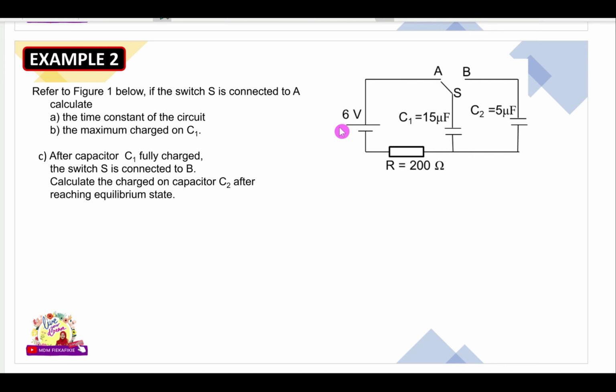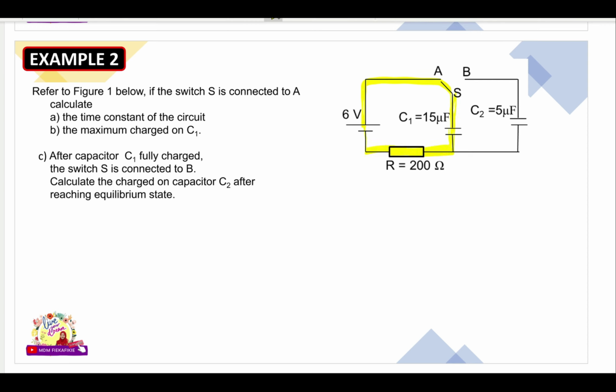We have a battery, a resistance, and a capacitance. Kita ada capacitor of capacitance 15 microfarad. Apa yang berlaku dekat sini? Ini tak adalah, sebab kita hanya sambungkan switch S pada point A sahaja. So dia hanya ada circuit yang saya highlightkan ini.